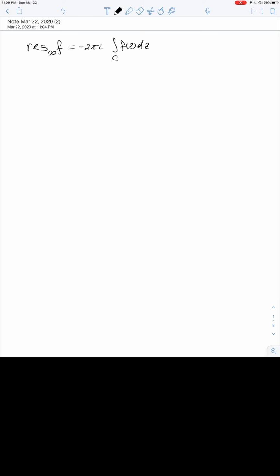And then we figured out that the residue at infinity, and this is where we stopped, is minus the residue at 0 of this function.